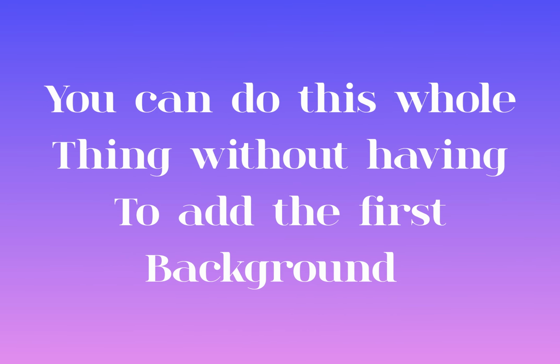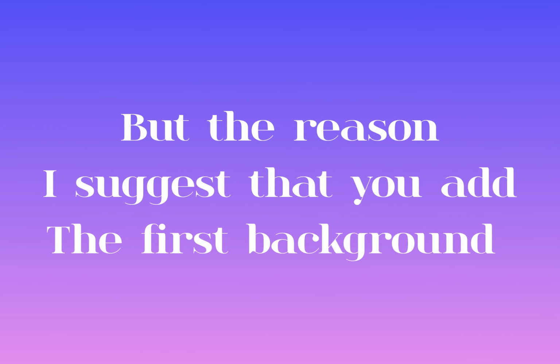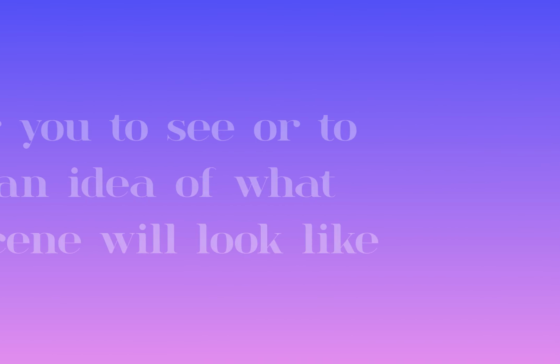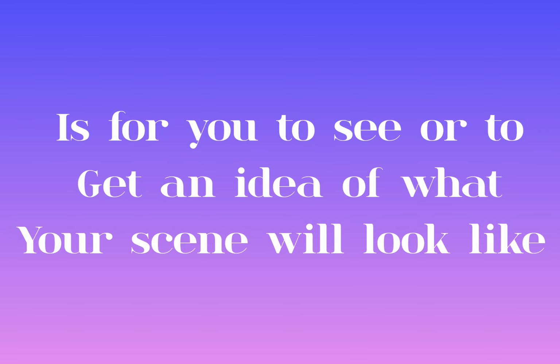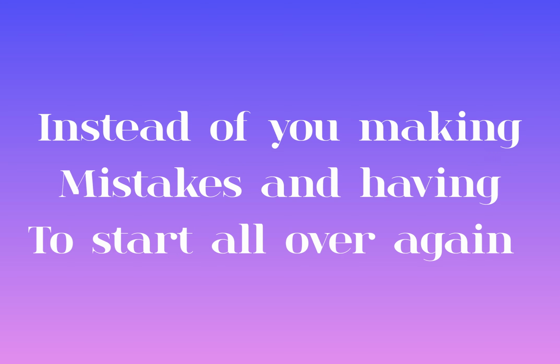You can do this whole thing without having to add the first background, but the reason I suggest that you add the first background is for you to get an idea of what your scene will look like, instead of you making mistakes and having to start all over again.